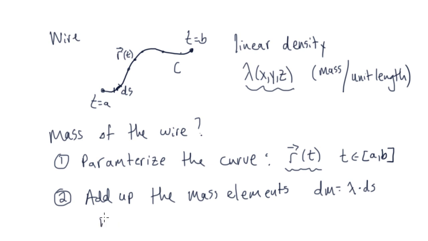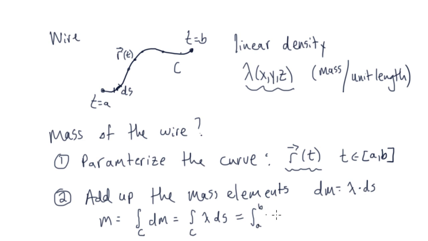Okay, so then the mass, we'll say m, is the integral over the curve. We'll just write symbolically what we're doing here, and then we add up the mass elements. Well, that's the same thing as integrating over the curve the function lambda along these length elements. So a length element times its density gives us the mass element. But since we have a parameterization, the reason we found a parameterization is because we can actually write this in a form that we can evaluate just as a single integral.